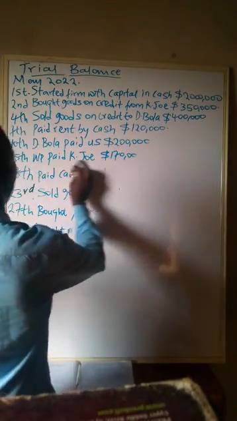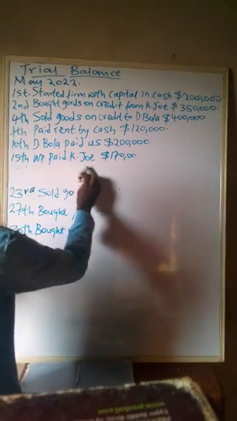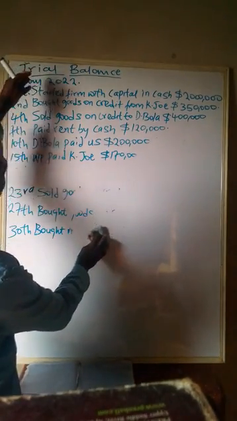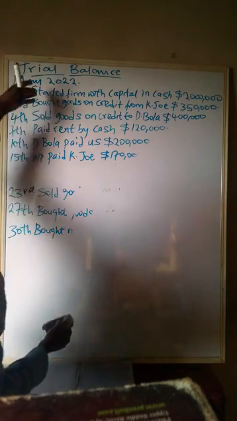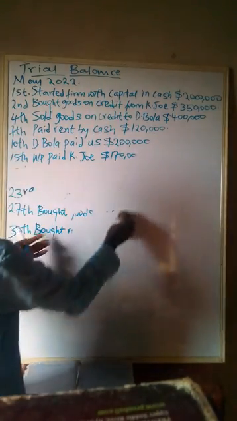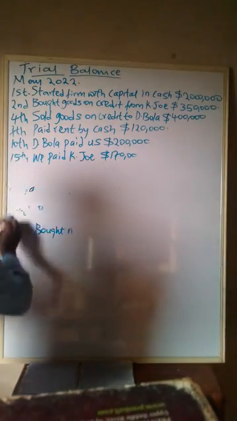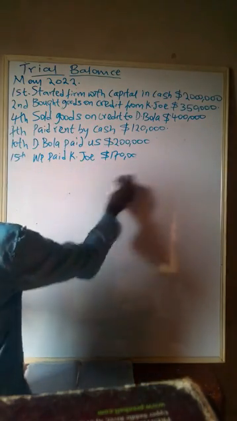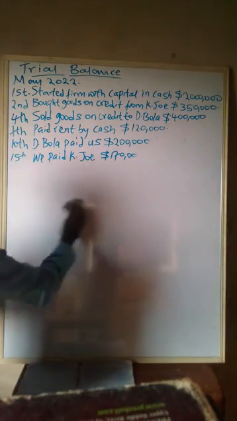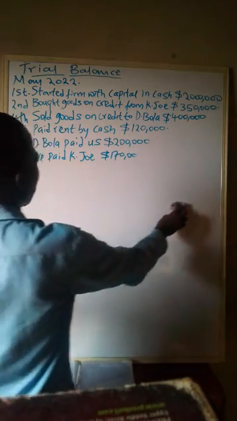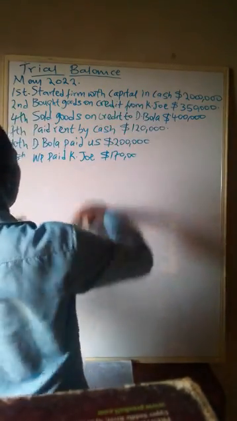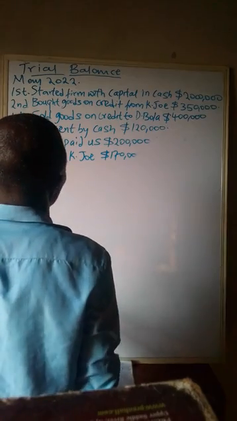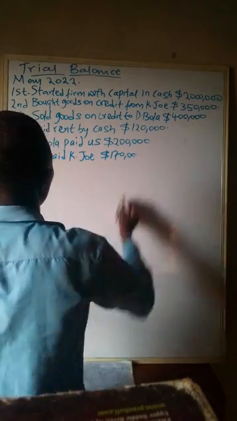Unlike the former video, it is almost the same question, but today's question contains capital and it also contains a bought motor van. It contains the asset of motor van and it contains capital. The last video did not contain capital and the asset of a motor van.